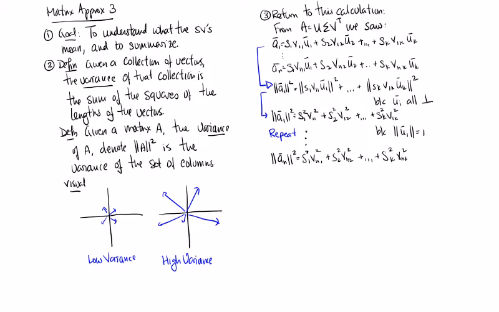That's all the other columns, same idea. And then we're going to add all of these rows. When we do that, on the left-hand side, we just get the variance of A, which we'll denote as the norm of A squared.